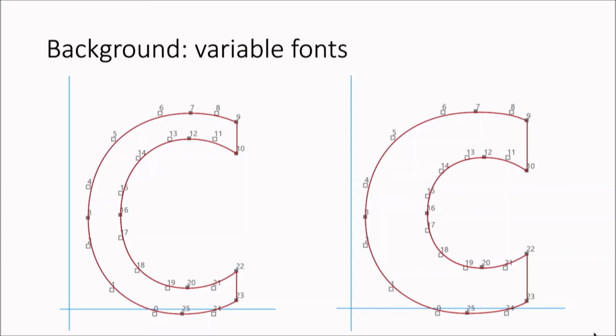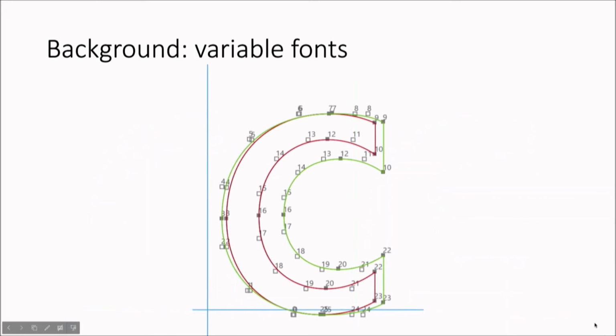I've got the outline data for the same letter. They're different outlines, and they're in two different font files. But there's a lot of duplication of information in those two pieces of data, and there's a different way you can represent it. Instead of two different outlines, I can have one outline, the outline that's in red here, and then I can describe how you have to move the Bezier control points to derive the other outline.